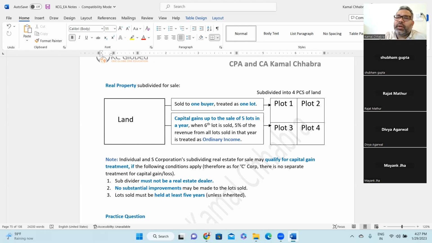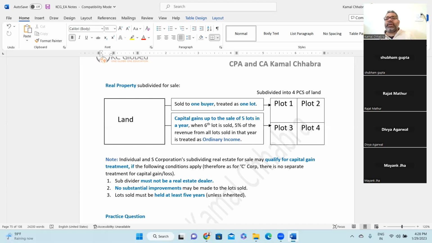But you are a real estater, right? And you cut that into different small pieces, and you're now selling the pieces of land. In that scenario, it is not a capital asset, it is converted to a business asset, right? And now you are into the real estate business and selling plots. So that should be your business income, not capital gain.